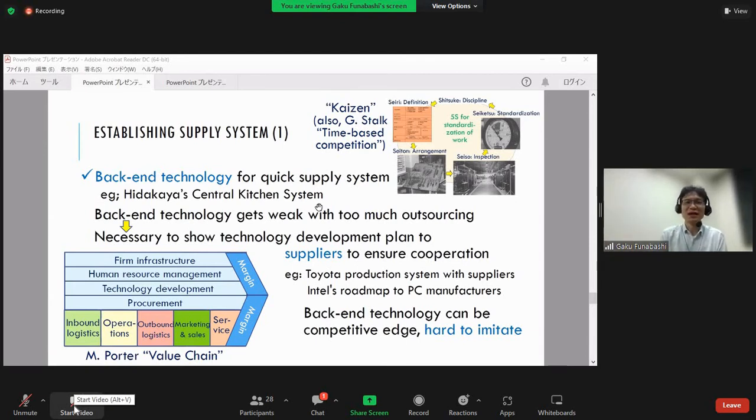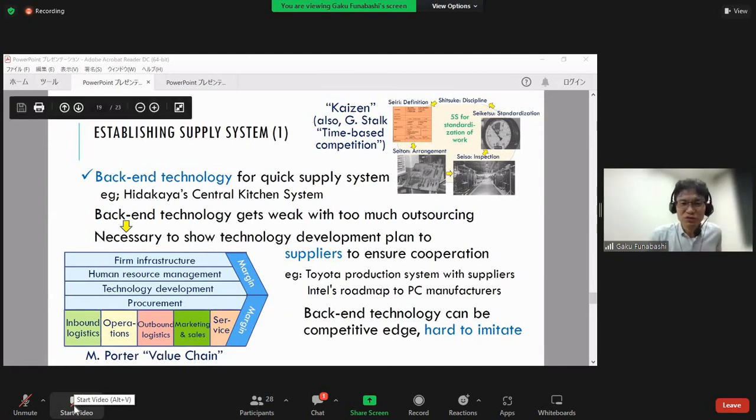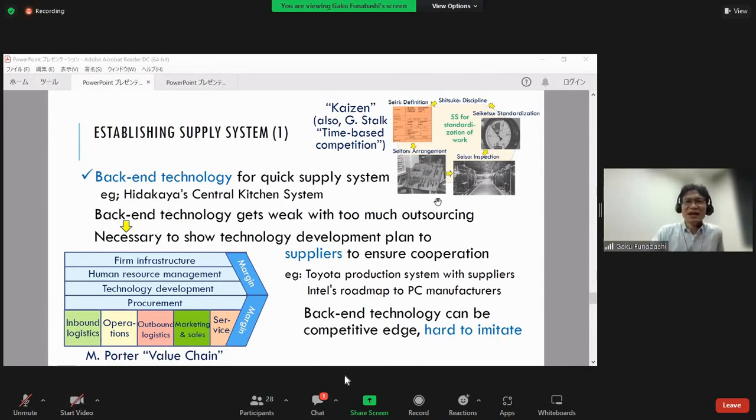In the case of Hidakaya, the question from Mr. Tompot was whether there is anything like a front end. Front end, maybe that is something between your company or restaurant or shop and buyers. What exists between customers and your shop or company?